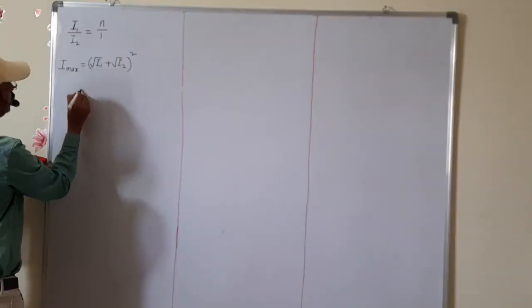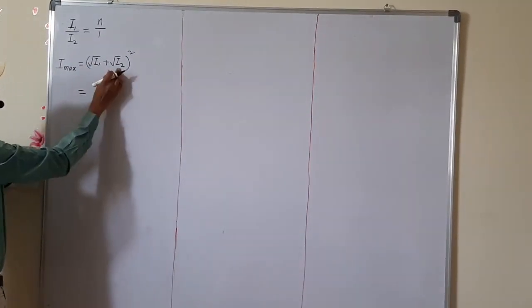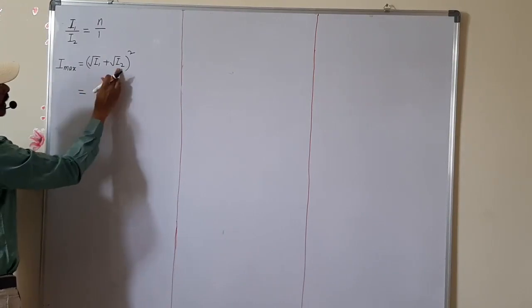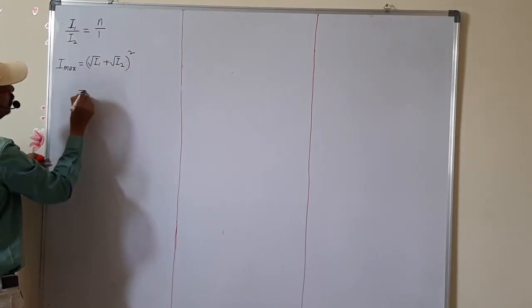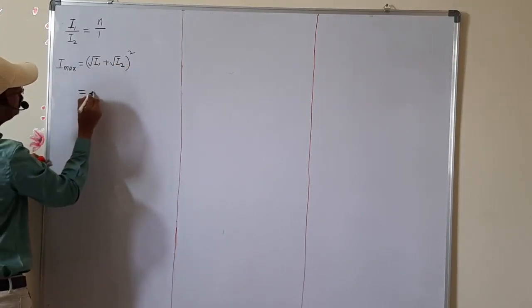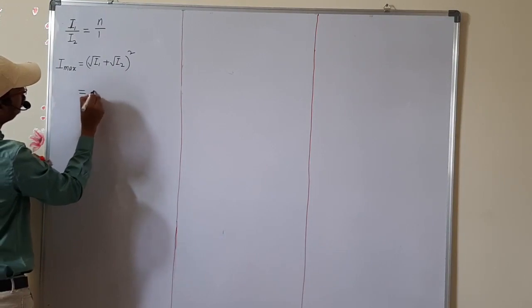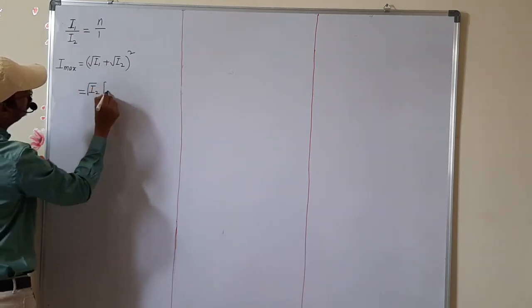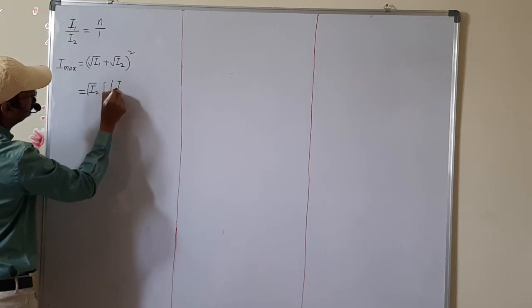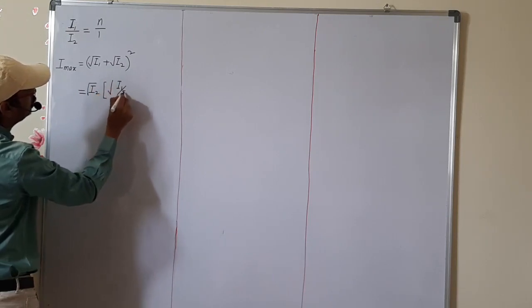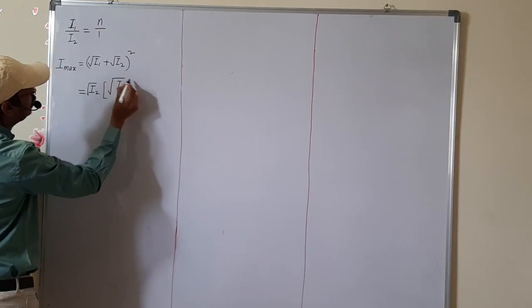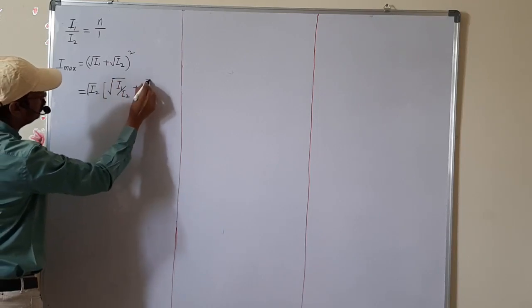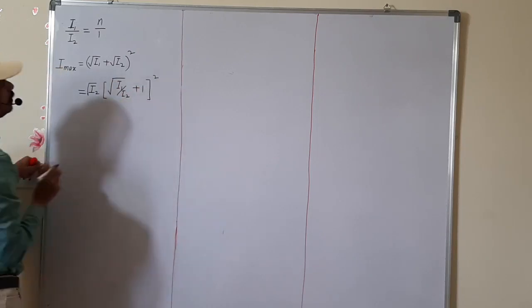If I take root I2 common, that time what will happen? Here that value we can write it root I2 into root I1 upon I2 plus 1 whole square.